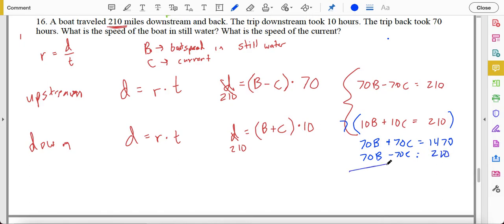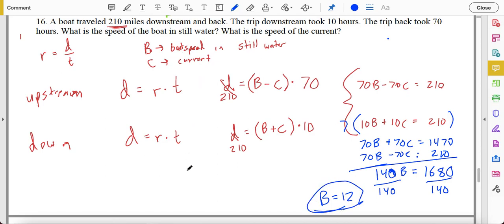I get 140B, 140 times B, the boat speed in still water, equals 1470 plus 210. That's 1680. Divide by 140, and we get that B equals 12.